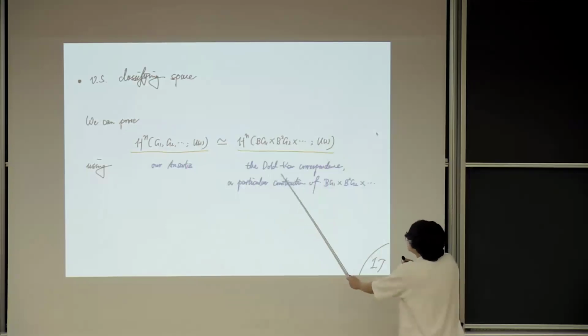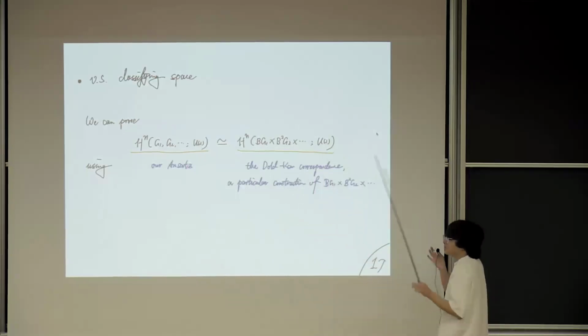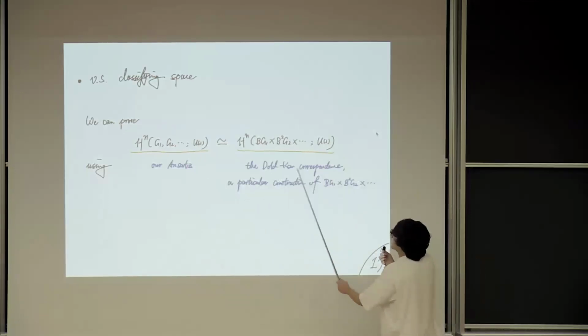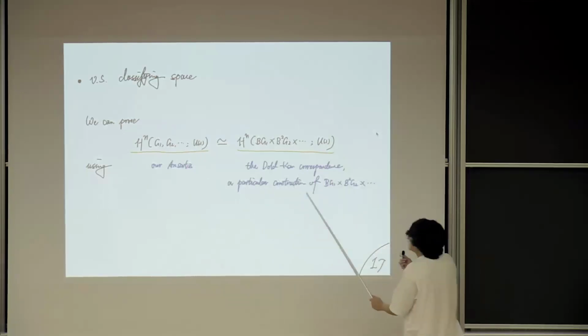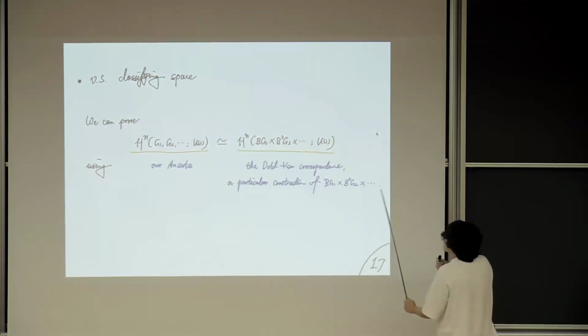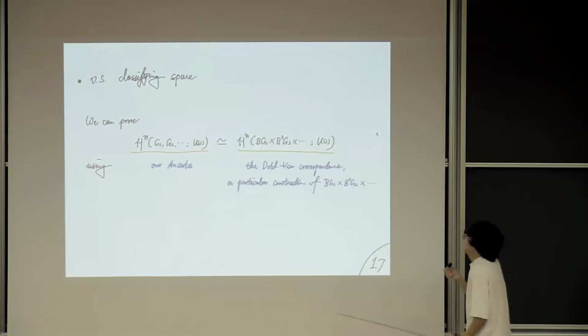The Dold-Kan correspondence, which I will not go into detail about in this talk, gives a particularly convenient construction for the Eilenberg-MacLane spaces.